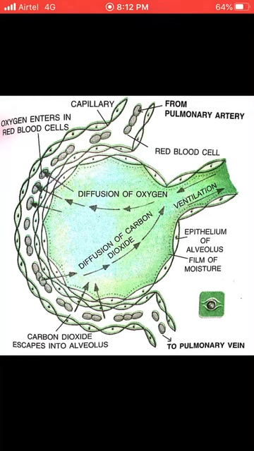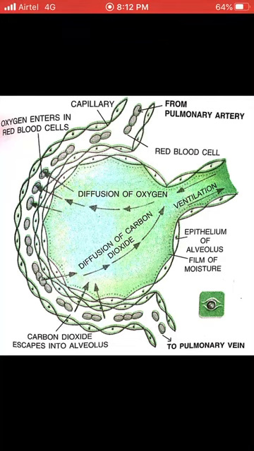Whether we are inhaling or exhaling, a fixed volume of air is always there, and the rest is expelled out and the rest is inhaled. That is considered the tidal volume. It is the volume of air inspired or expired with each normal breath. It is about 500 ml.